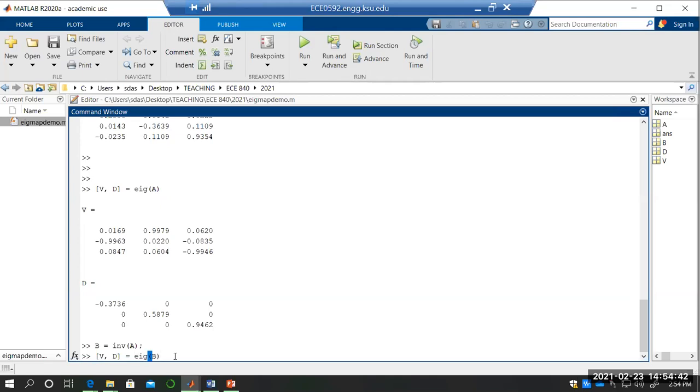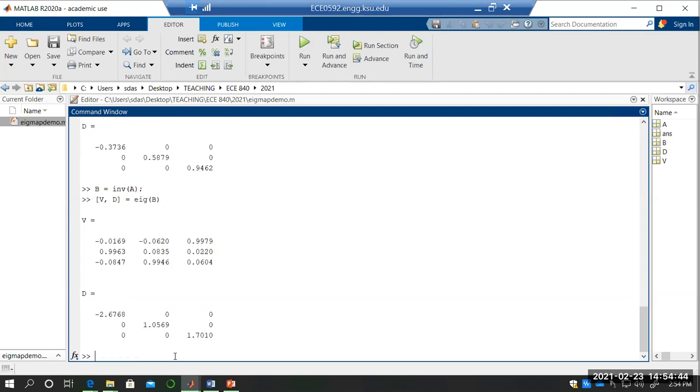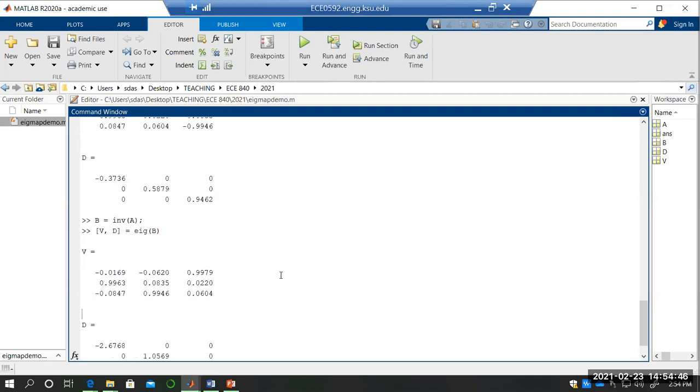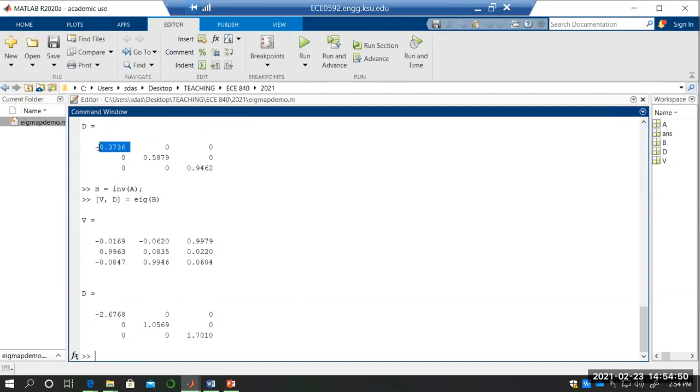A inverse. Look at this. These are the eigenvalues, right? First eigenvalue of A was this, and the first eigenvalue of its inverse is this. I should have stored the first one.